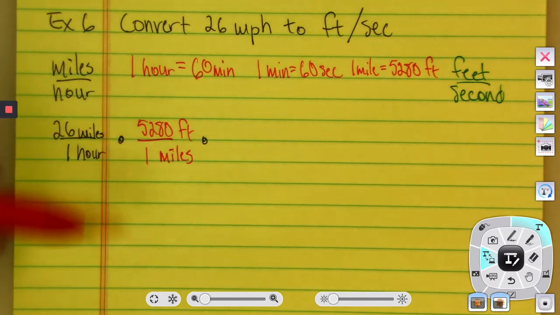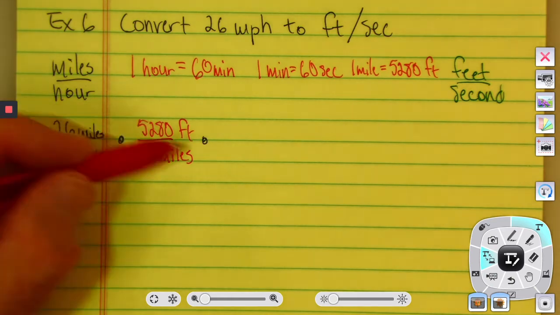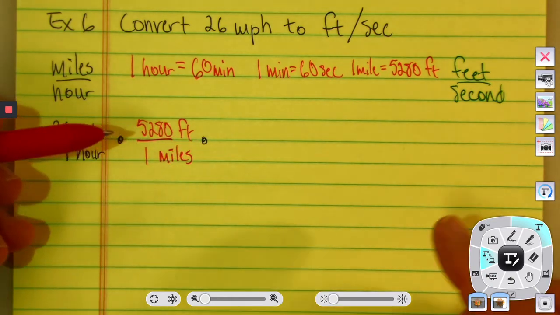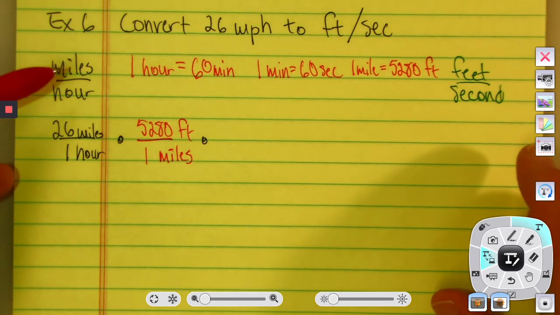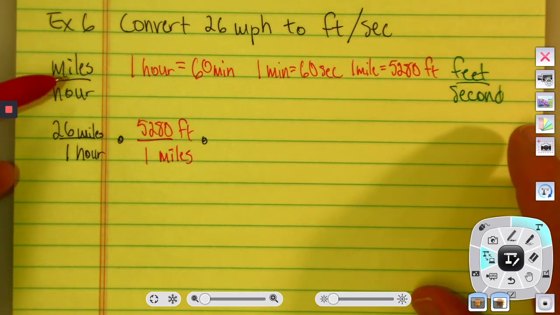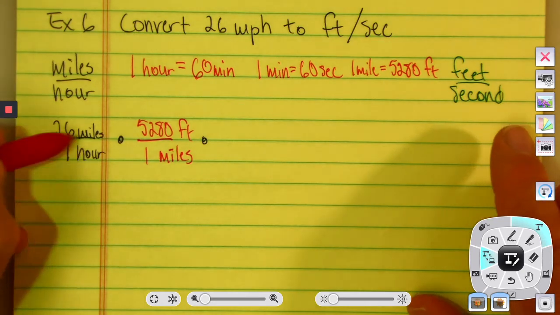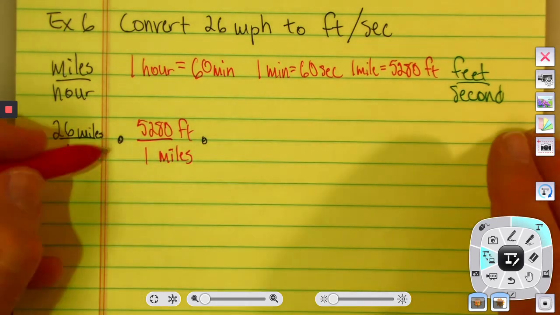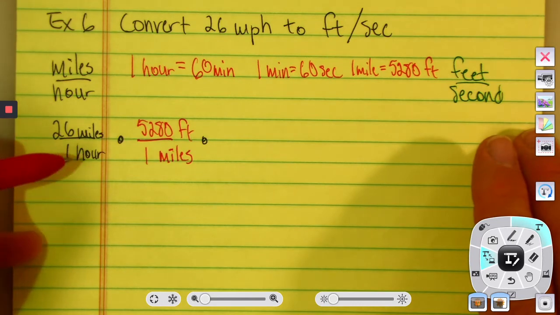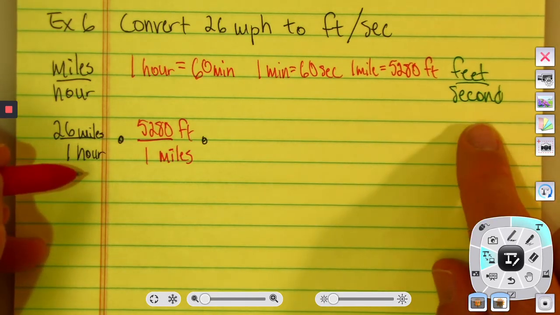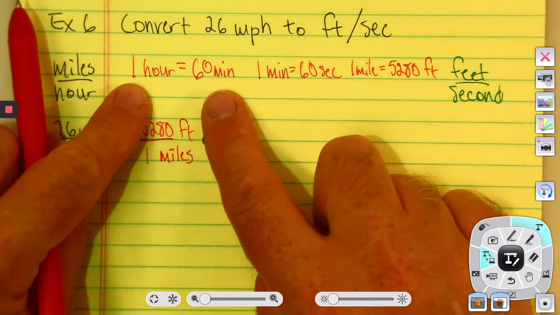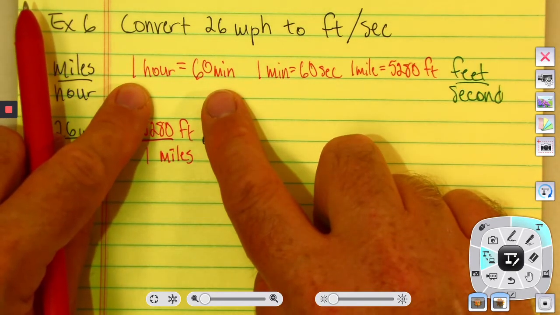All right, so then I need a second conversion factor. I'm going to take care of my feet and my distance, that's all I'll take care of. What I really want to take care of now is converting from hours to seconds. But I can't just jump from hours to seconds. So I'm probably going to need 1 hour equals 60 minutes as my first conversion.